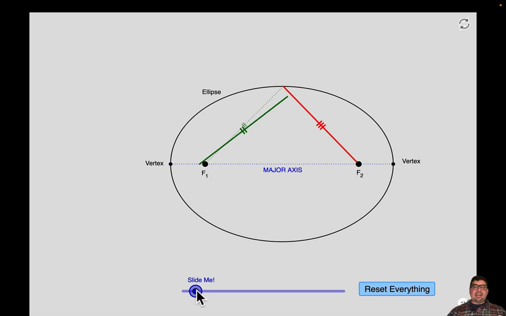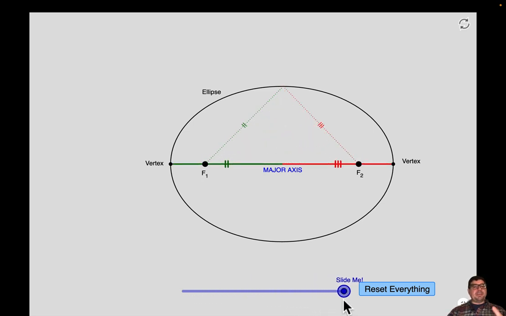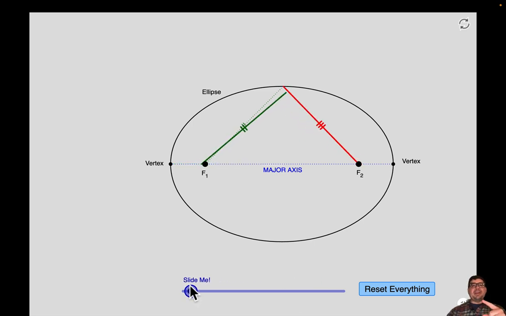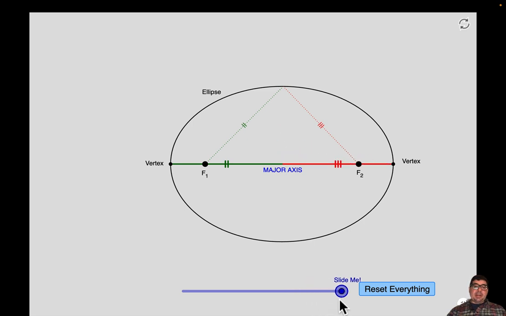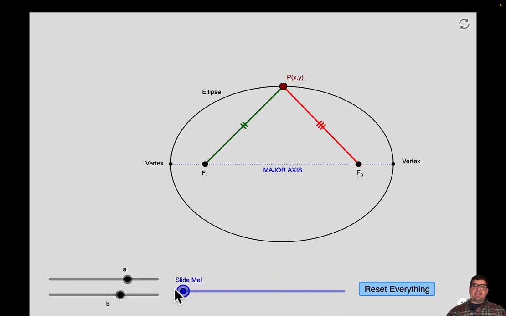But if I slide those pieces over, if you're in the right spot, those lengths will be the major radius, which is half the major axis. So if you've got a point that's precisely on the minor axis at the covertex right here, that length is the major radius. As you might guess, there are some right triangles here that we can use to our advantage.